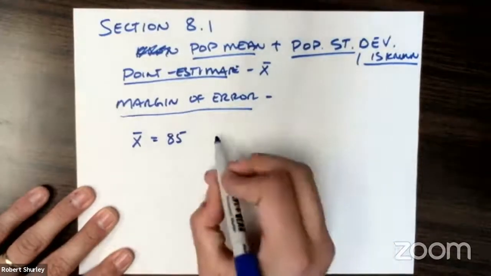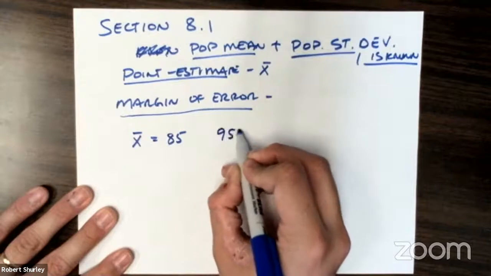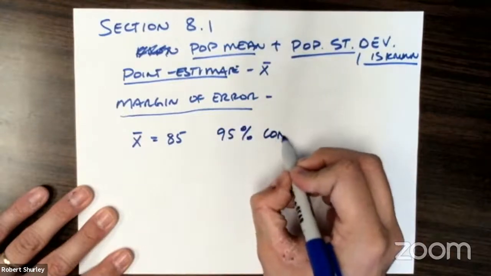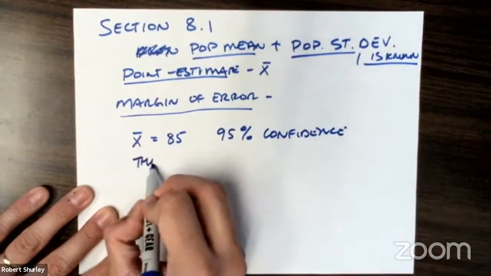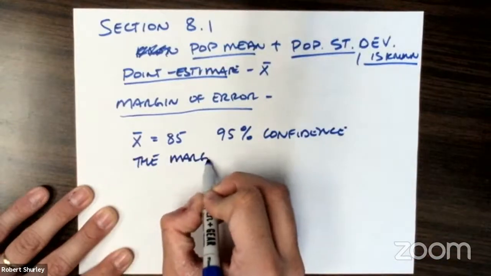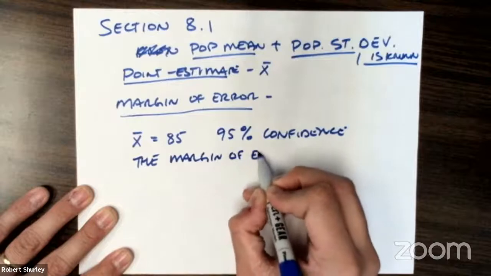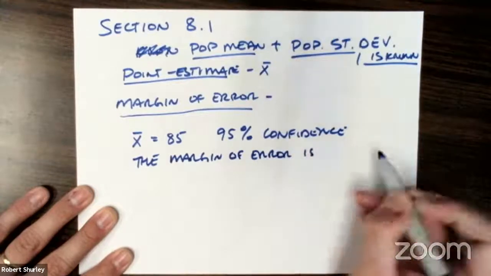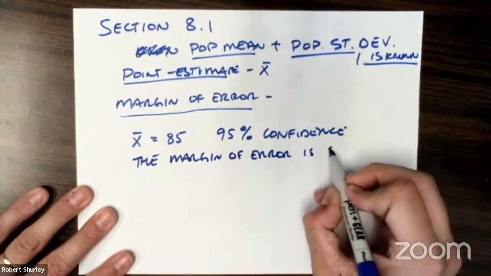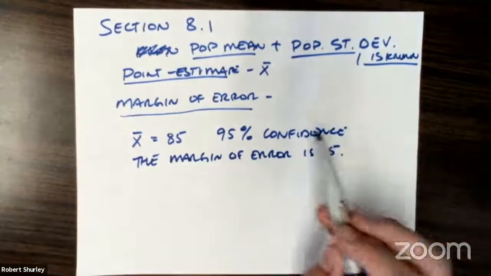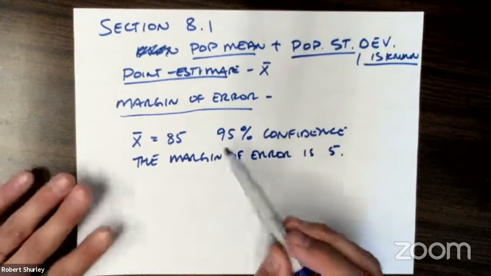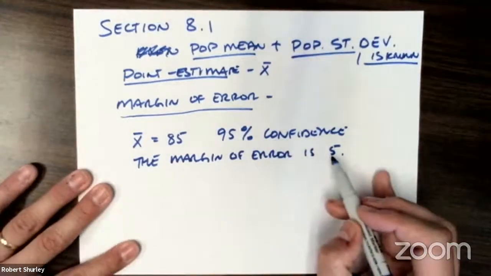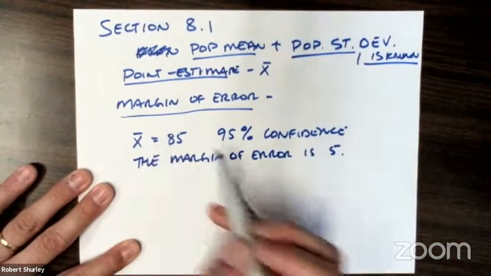And it turns out for a 95% confidence interval, the margin of error is, let's say 5. Now, we're going to find all this soon, but I want to go over what this means now, okay? What that means is the margin of error is what's added or subtracted from X bar.